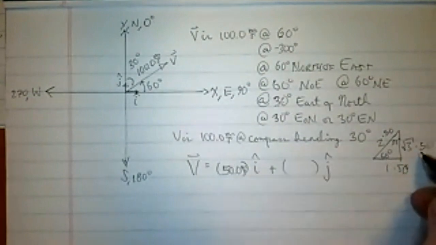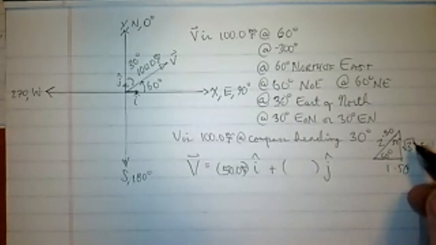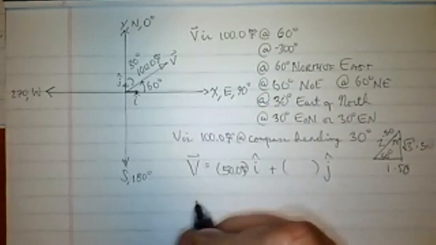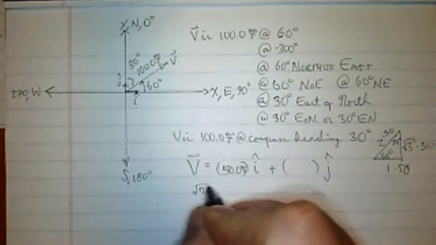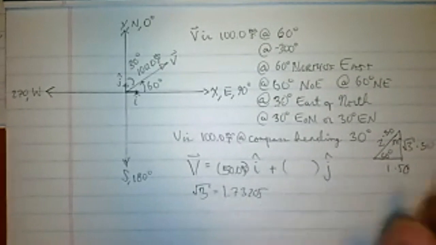And this one is 1.732, because that's what the square root of 3 is. It's 1.73205 roughly. So if I wanted to look at it that way, it'd be a little hard, because multiplying by 50 is nasty, but multiplying by 100 is easy. So the square root of 3 is 1.73205.